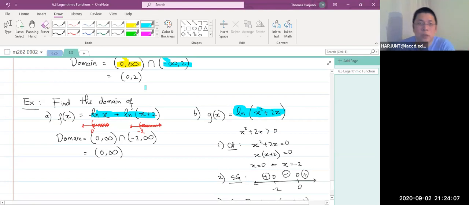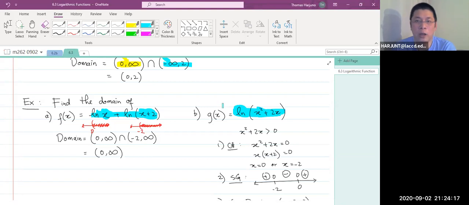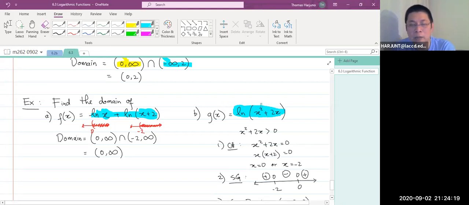Why? What happened here, both x and x plus 2, each one of them has to be positive, while on the right hand side, they don't have to be each one of them positive. What they need is only that the product is positive.